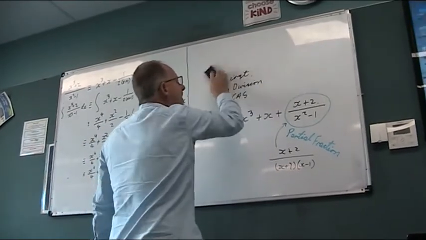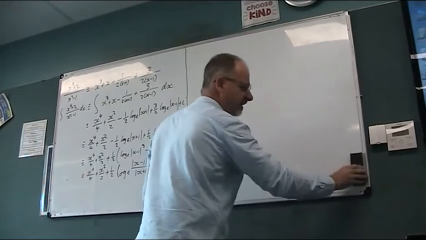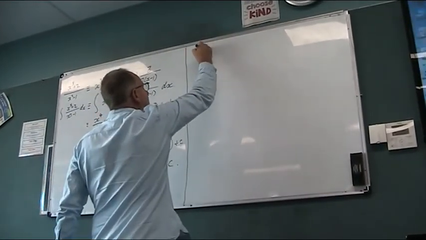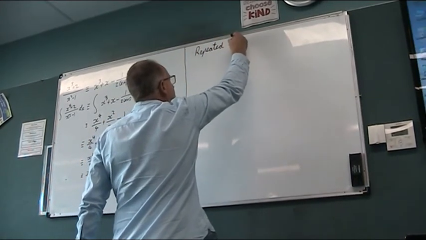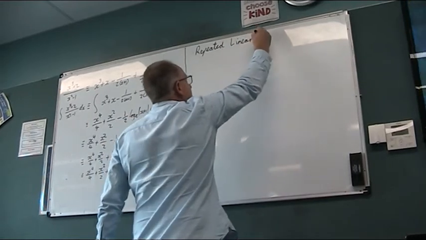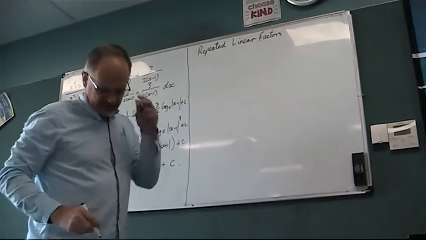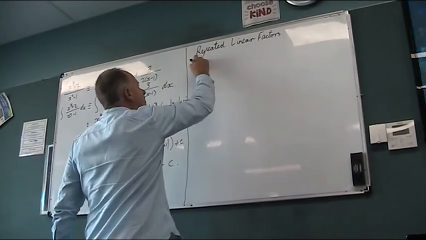Right, the next one involves what we call repeated linear factors. Something which has repeated linear factors, here's an example.